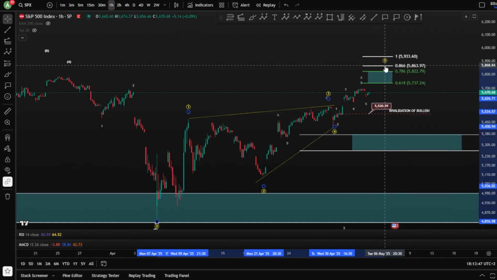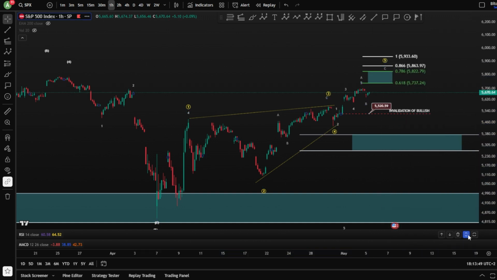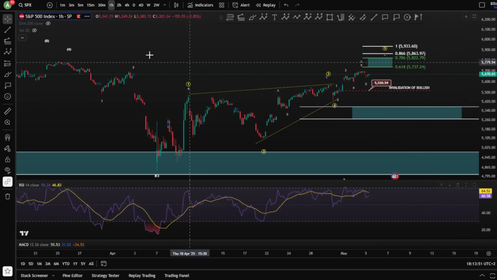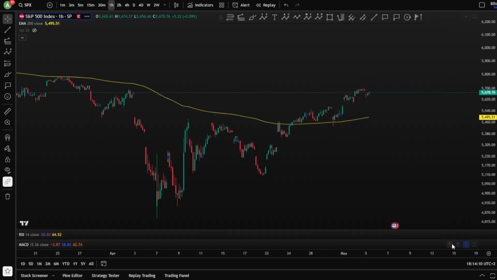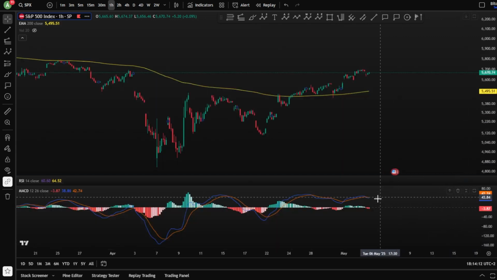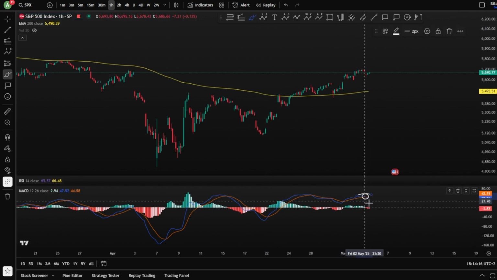Let's take a look a little bit at the indicators. What do they say? So for the indicators, let me check and clean up. Okay, so for the RSI, we are already in the overbought area, right? So we have to be careful. Sooner or later, one more impulse can already bring us back down. For the MACD, we see a bearish cross.